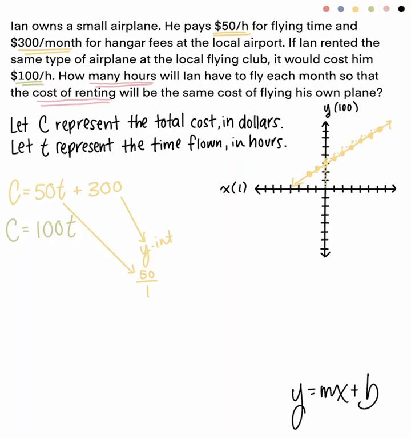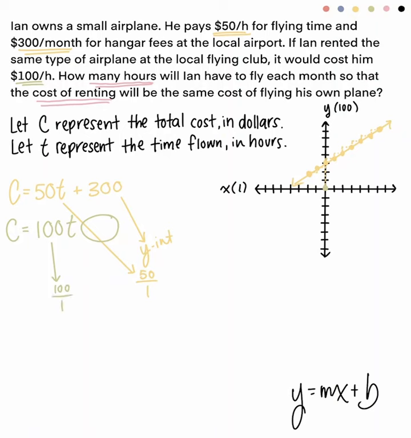So let's start with the next linear equation. Do you notice something interesting here? Our y value is 0, so we're going to start at 0. And our slope is 100 over 1.